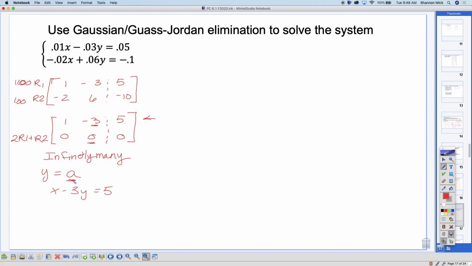A. So I would add the 3y over on both sides, so I have x equals 5 plus 3a. So this is what x equals, and this is what y equals. So my ordered pair is 5 plus 3a, comma, a.